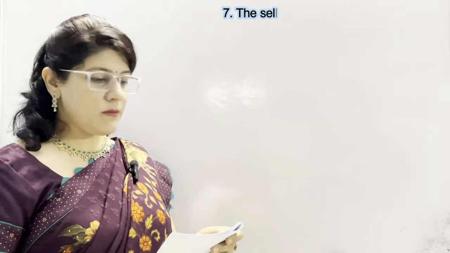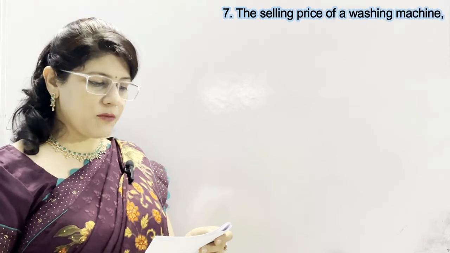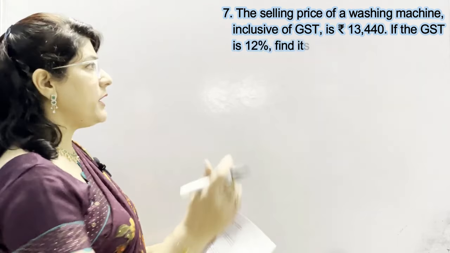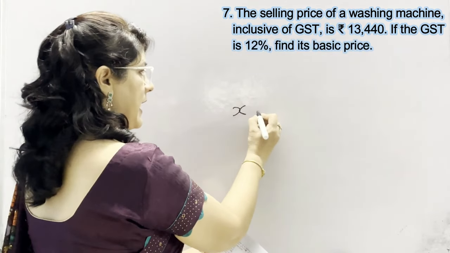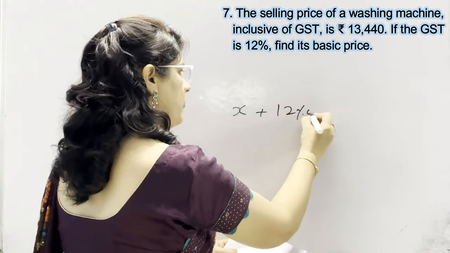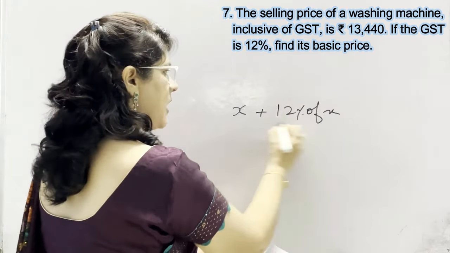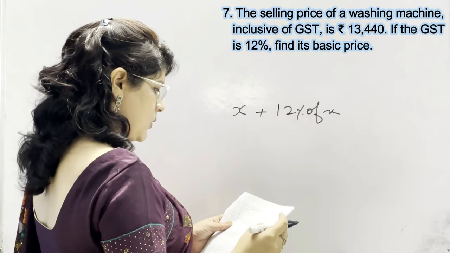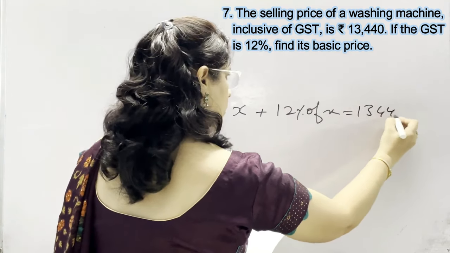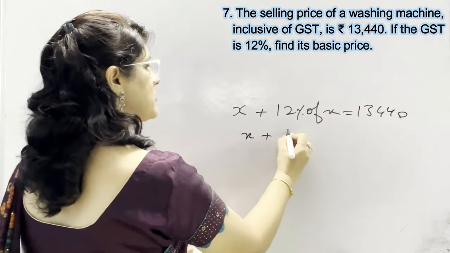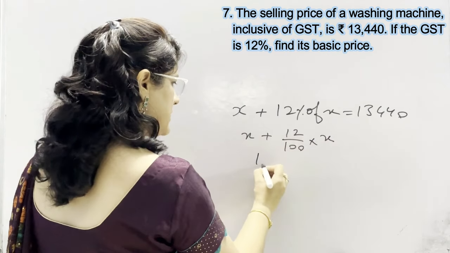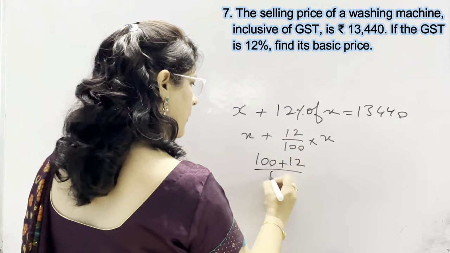Now question number 7, the selling price of a washing machine inclusive of GST. Whenever such type of questions come, we need to assume the marked price as X and rate of GST given in this question is 12%, then 12% of X. It means this is the GST including price. So here it is given as 13440. So X plus 12 upon 100 into X, and LCM 100 plus 12 upon 100.